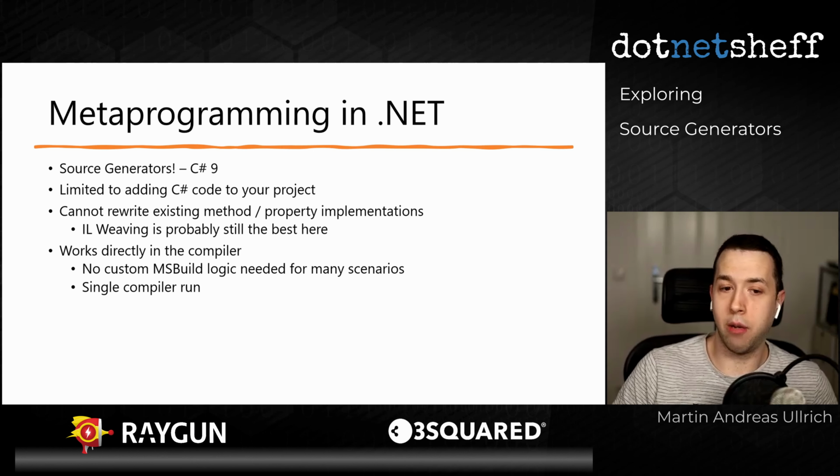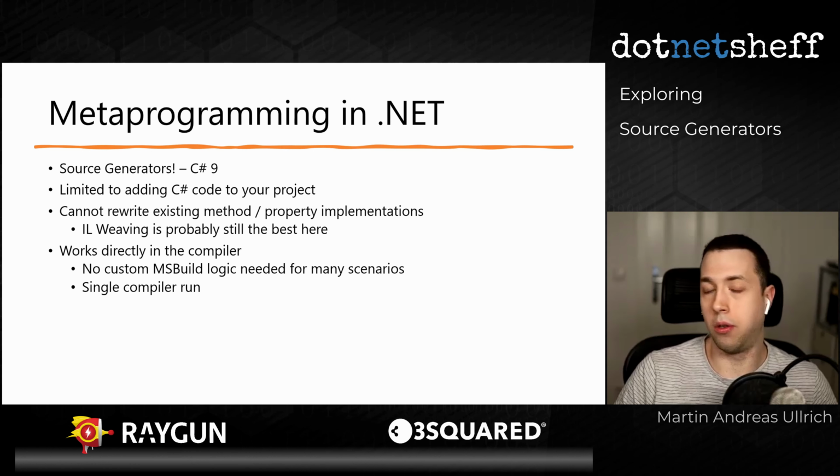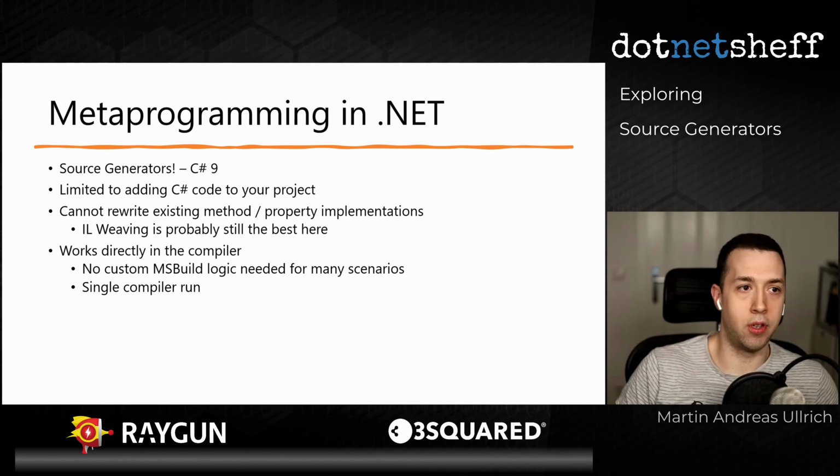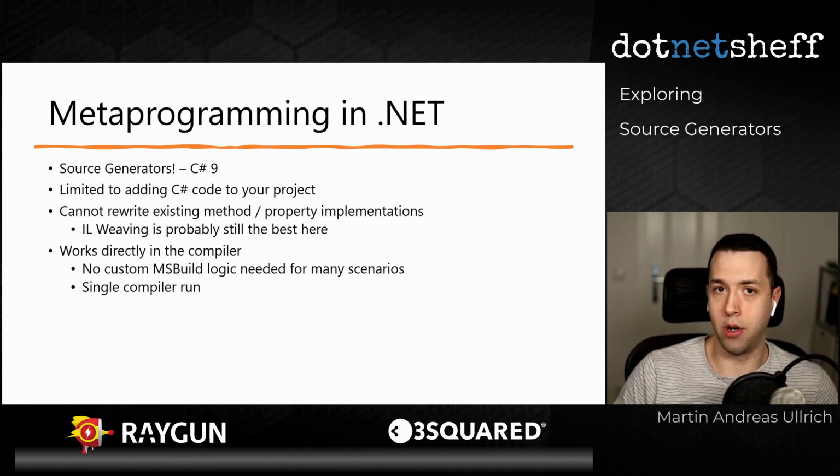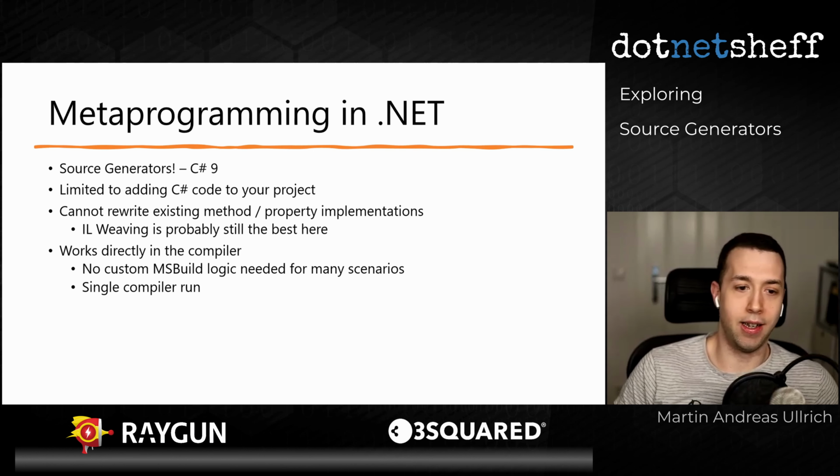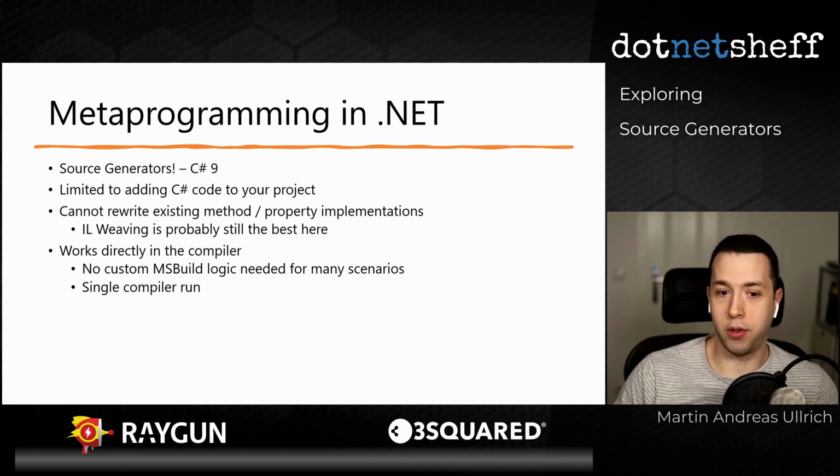But source generators really work directly in the compiler, so you don't need any custom MSBuild glue logic. There's really not a lot of people who really know what to do in MSBuild, also because it's just very hard to debug as well. And you only need a single compiler run. So for example, I was using a source generator, something similar like that before.